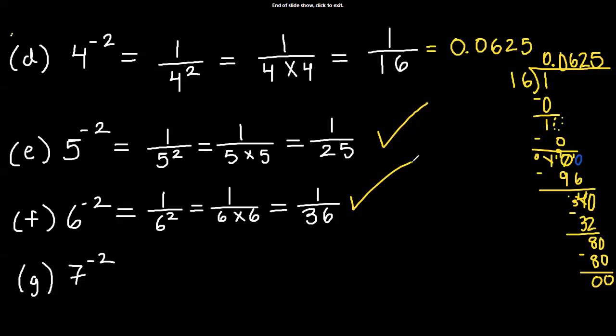First, you flip it, right? And you get 1/7 to the power 2. And then this is equal to 1 over what? 7 to the power 2, 7 squared.